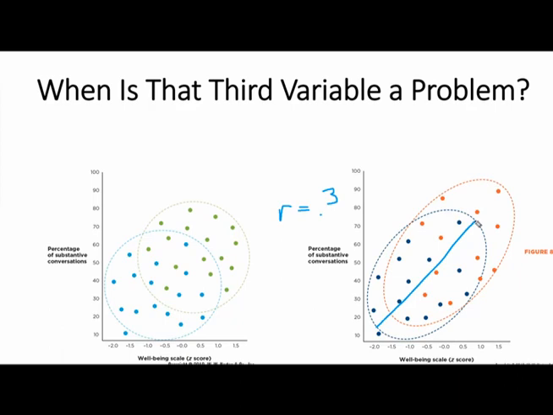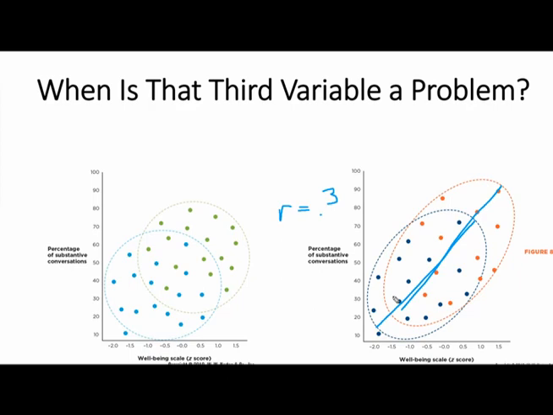And so what this is showing us is that our low educated people still show the relationship where the more deep conversations they have, the happier they are. And the happier they are, the more deep conversations they have. And that relationship holds true even for our orange dots. So they're both still showing a positive correlation. And so we can say here that even if we considered a third variable, the relationship that we saw didn't go away.